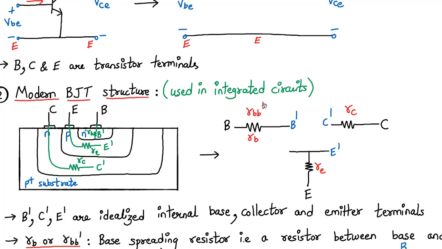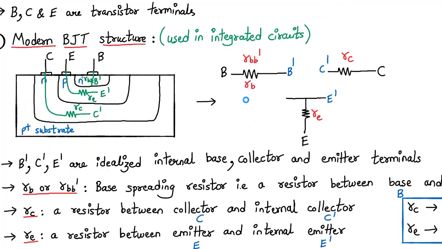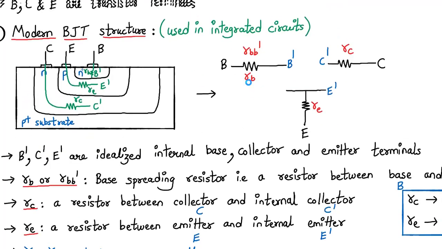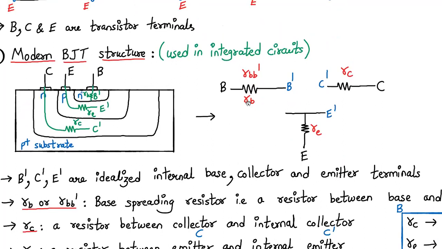RB is also called RBB dash, and it is actually the base spreading resistance. It's a resistor connected between the base terminal and the internal base, which is B dash. Next we have RC. RC is a resistor connected between the collector and the internal collector, which is C dash. And RE is the resistor connected between the emitter and the internal emitter.